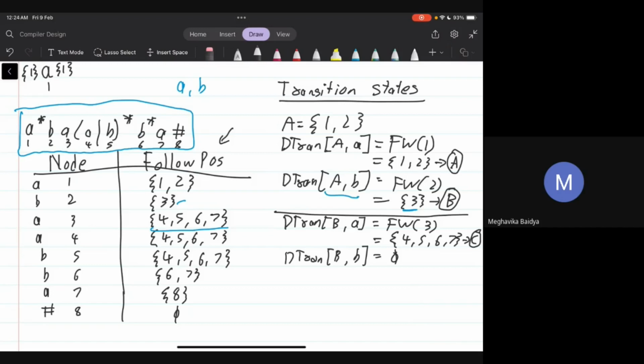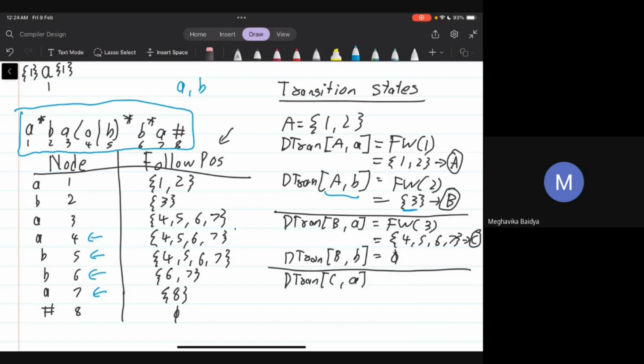Okay, got it. This is done. Now you're doing dtran of C comma a. C is 4, 5, 6, 7. Wait, I'll just annotate here. So 4, 5, 6, 7.